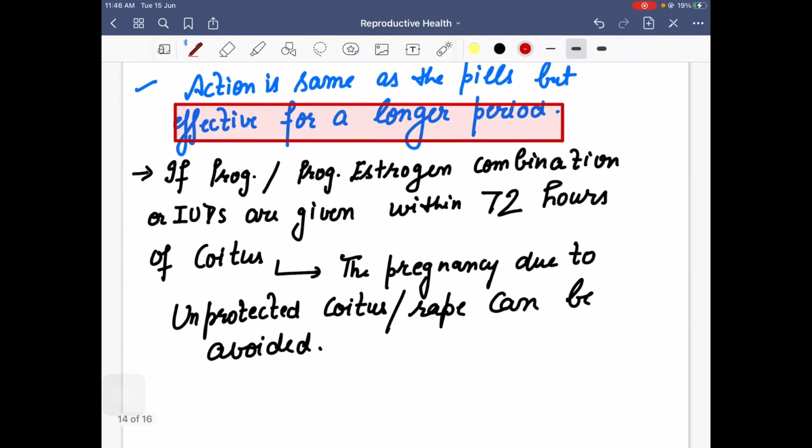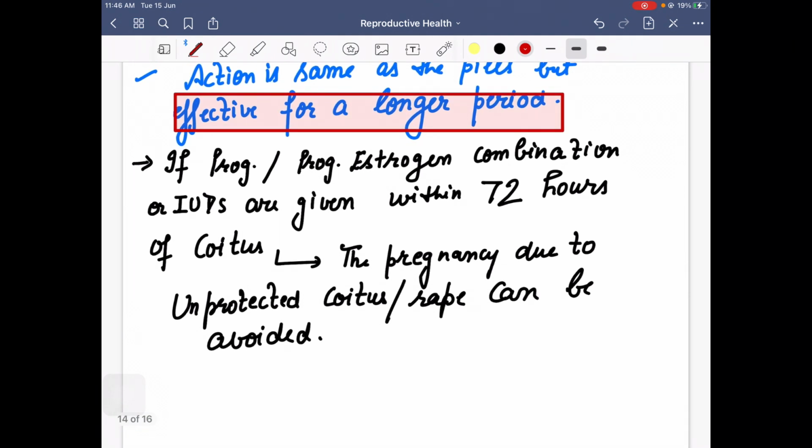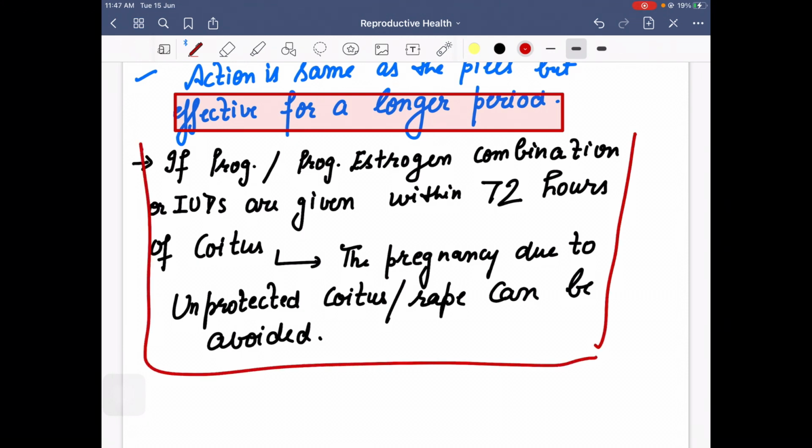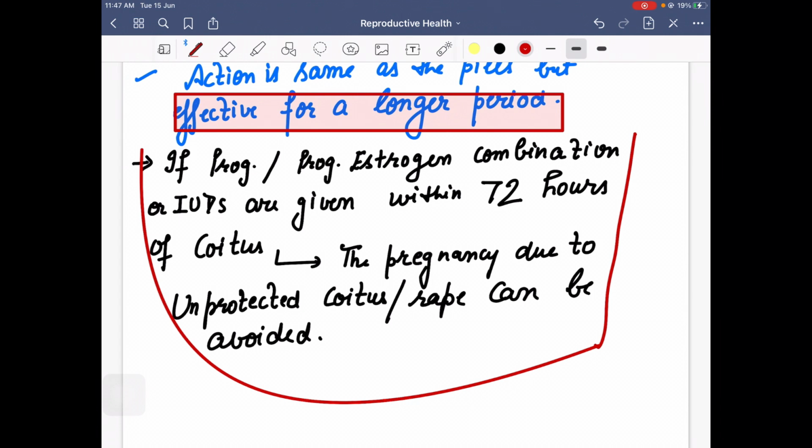And if progesterone, or a combination, or IUDs are given, it is very important information which every one of you should know: if any girl or lady has suffered some unwanted coitus, unwanted sex or rape, how can you prevent the pregnancy?